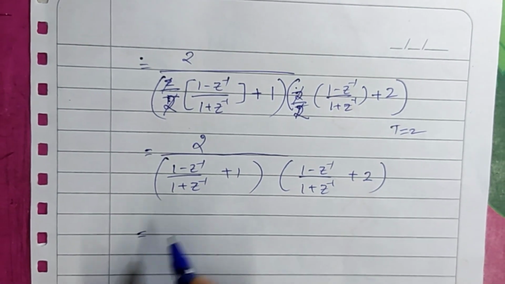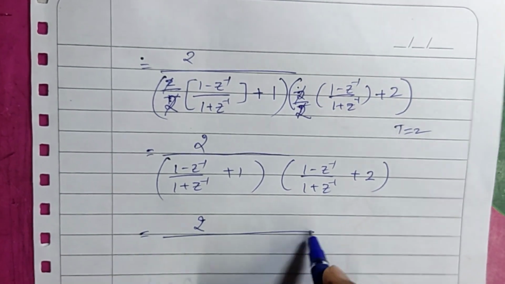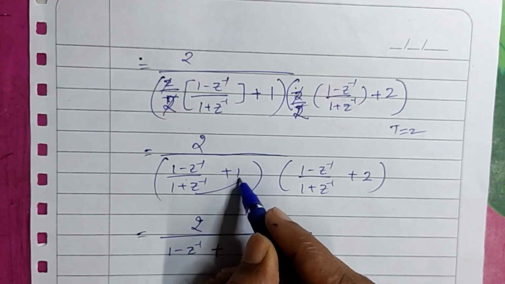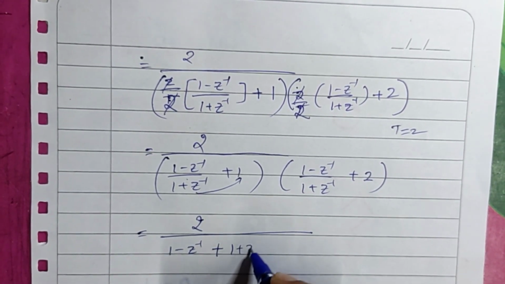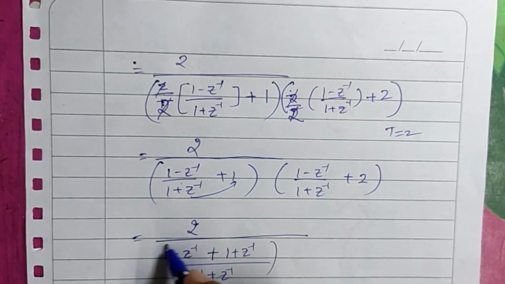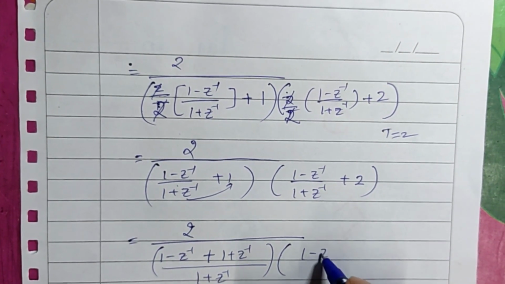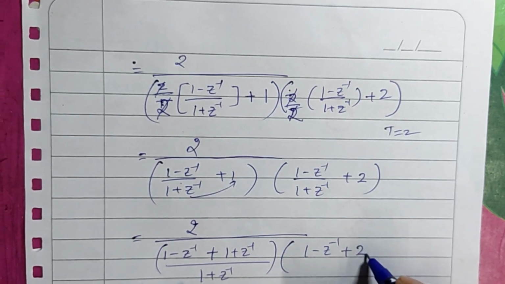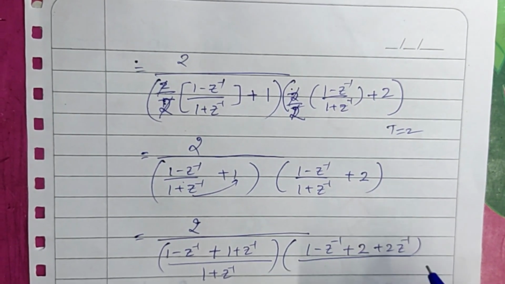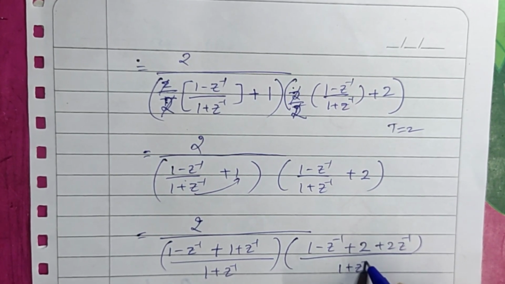Okay, so this one is 2 divided by (1 minus z raised to minus 1) plus simplification (1 plus z raised to minus 1) divided by (1 plus z raised to minus 1), right? Next into (1 minus z raised to minus 1) plus 2 into (1 plus z raised to minus 1), whole divided by (1 plus z raised to minus 1).